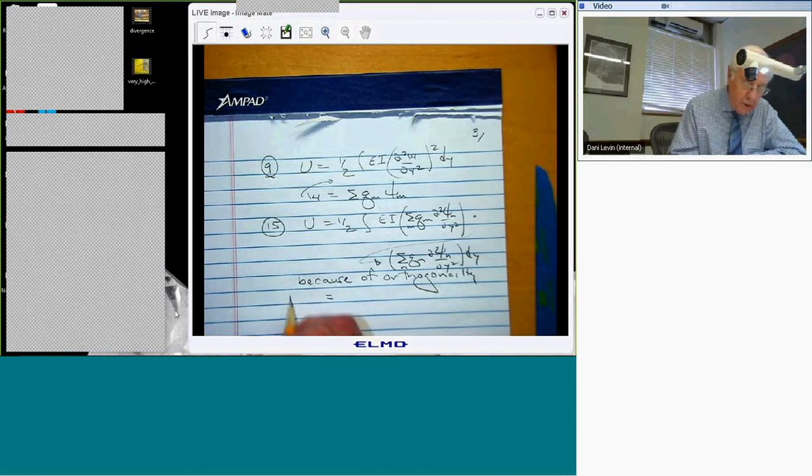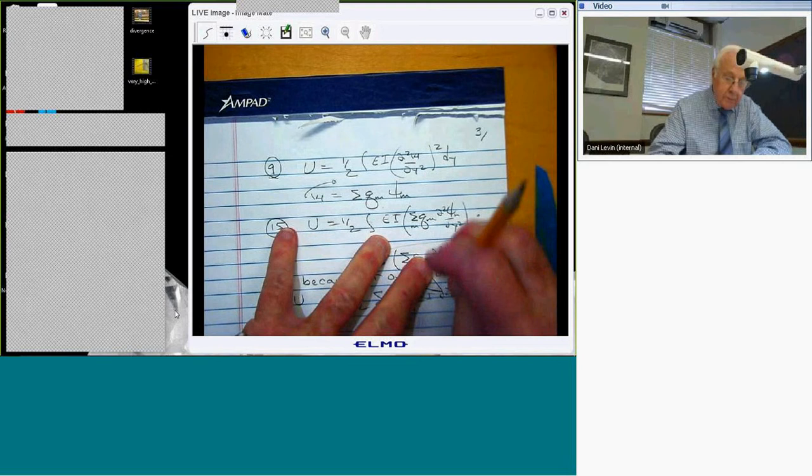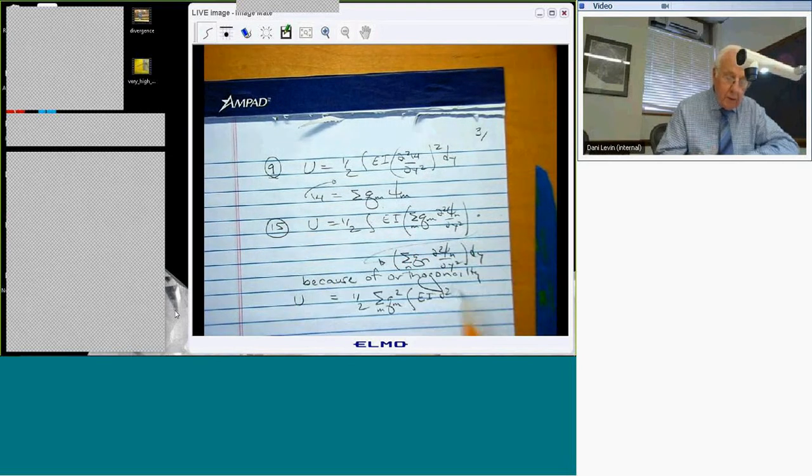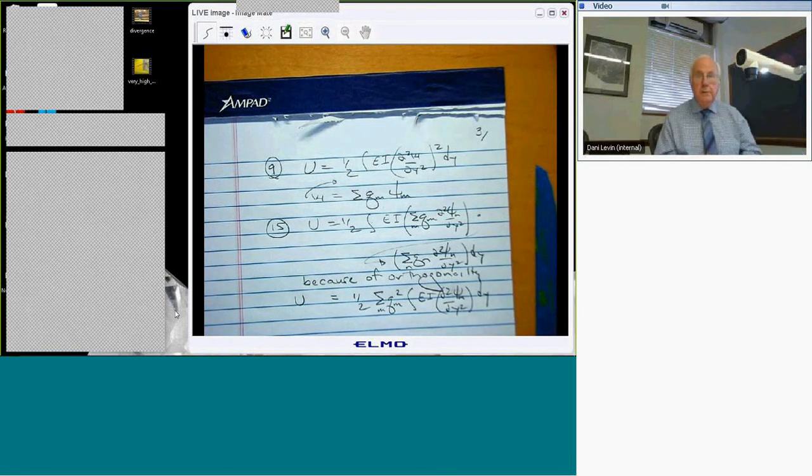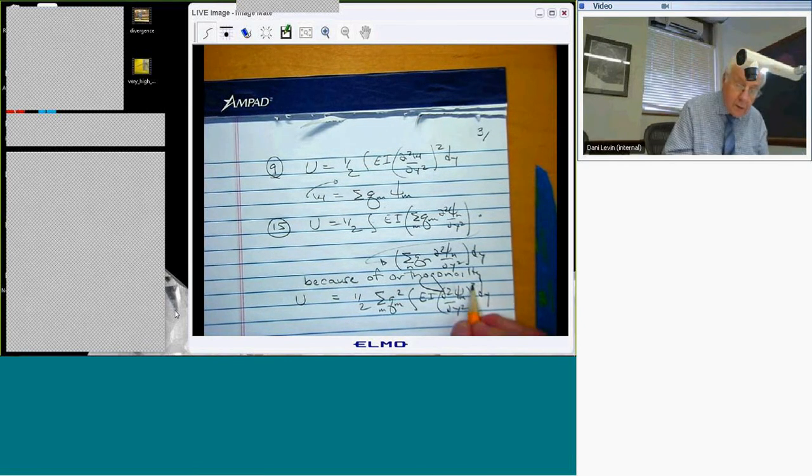U is just 1/2 single sum of qm squared EI squared.